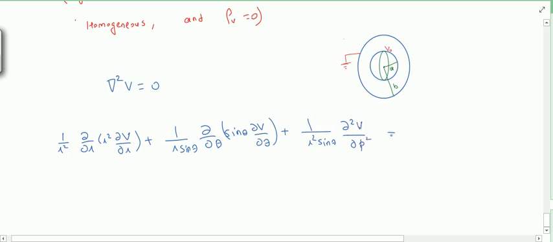This is the Laplacian of a scalar, and it equals 0 by the Laplace equation.